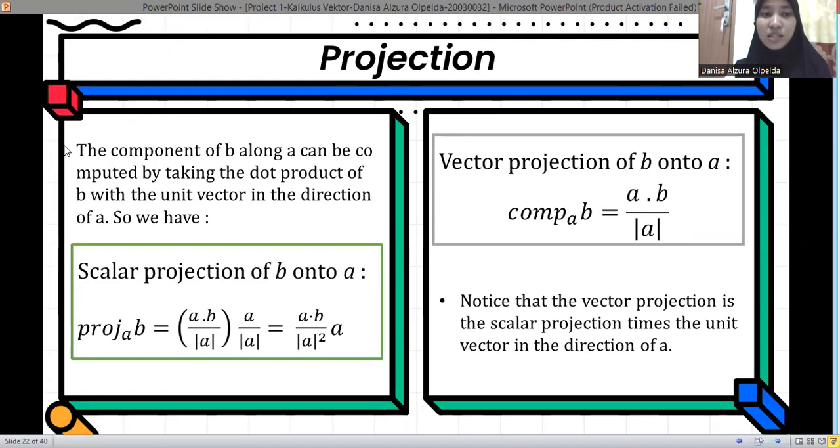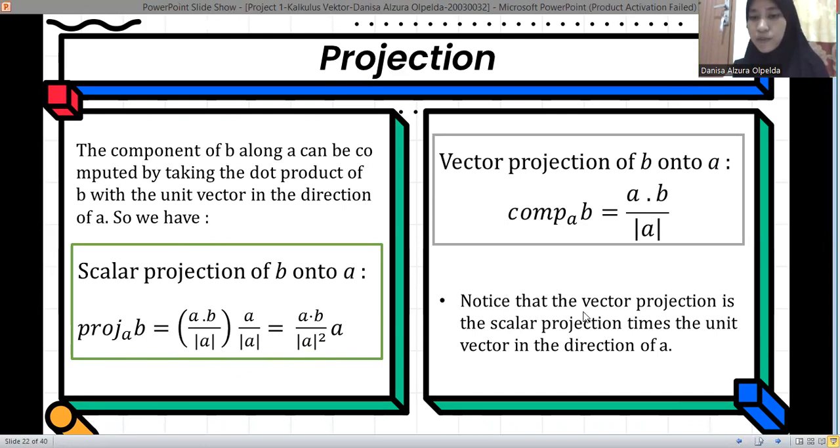Projection. The component of B along A can be computed by taking the dot product of B with the unit vector in the direction of A. So we have the scalar projection of B onto A, proj_A B, is equal to A dot B over |A|, which is A dot B over |A| times A over |A|, which is A dot B over |A| squared times A. The vector projection of B onto A, comp_A B, is equal to A dot B over |A|.